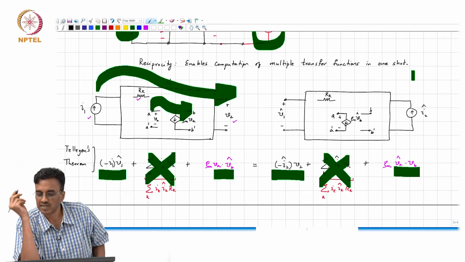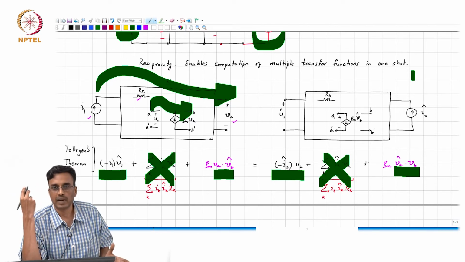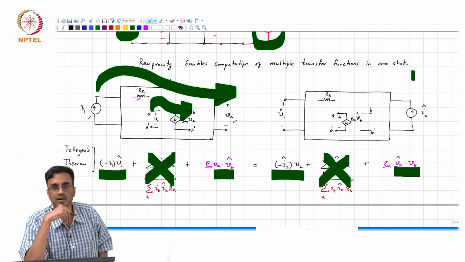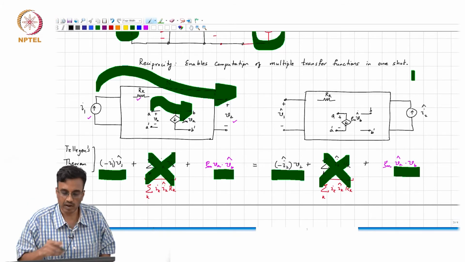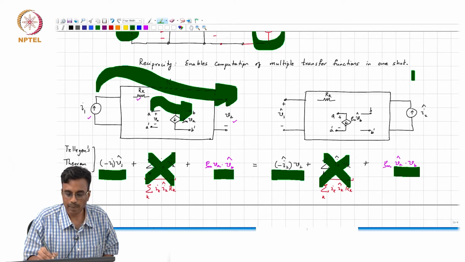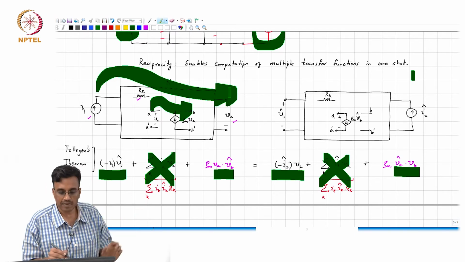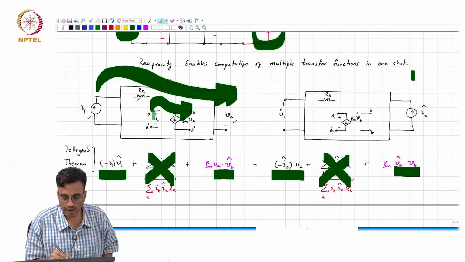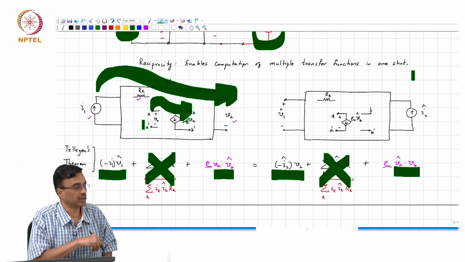All right, and see what happens. At least this seems to make intuitive sense, because here you apply the excitation on the left, and the controlled source has a controlling port on the left and a controlled port on the right.